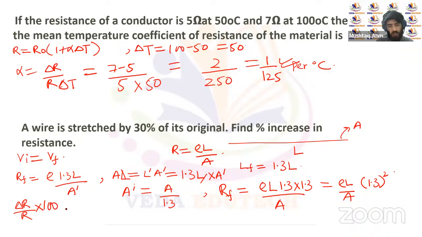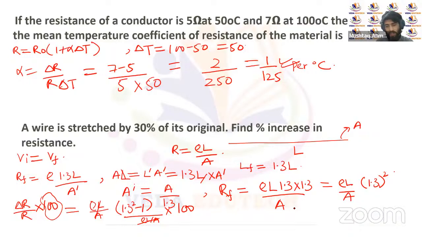Let's first calculate delta R upon R. Delta R will be rho L upon A multiplied by 1.3 square minus 1, upon rho L upon A, which is R. So rho L upon A will get cancelled, and we multiply it with 100 also.